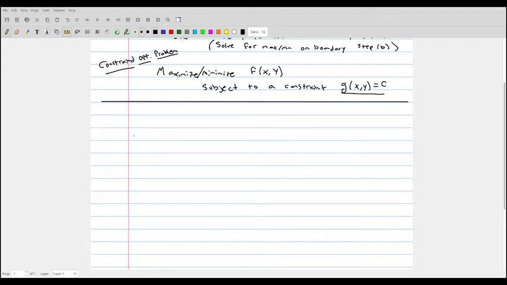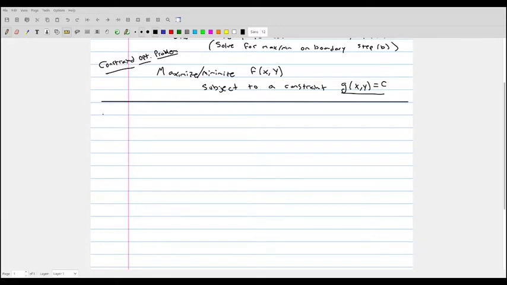Now, we already know how to solve an unconstrained optimization problem, an optimization problem without a constraint at all. The key trick in the Lagrange multiplier method is to turn our constrained optimization problem into an unconstrained optimization problem by introducing a new variable. This new variable we call a Lagrange multiplier.